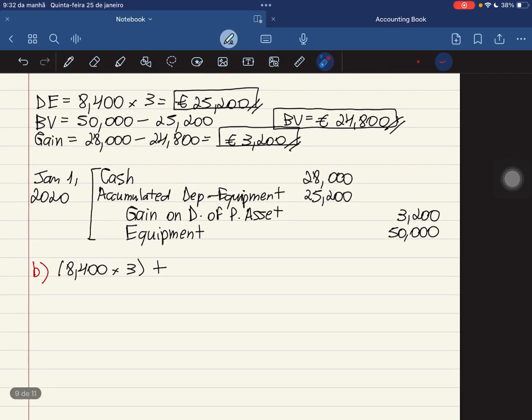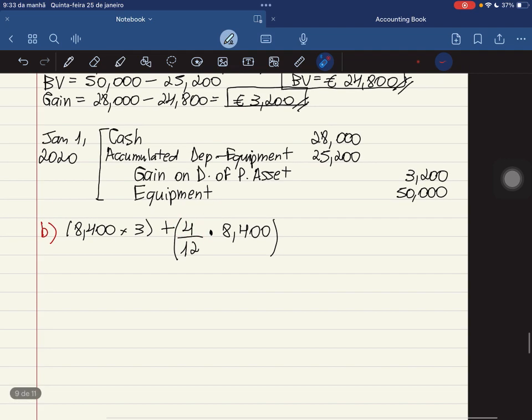Because until January to February, we just count like February. So it would be 4 months out of 12. And this is multiplied by the full value, right? Because this is the value of 1 year. This is the value of 1 full year, but only 4 months have passed. So we have to multiply this.